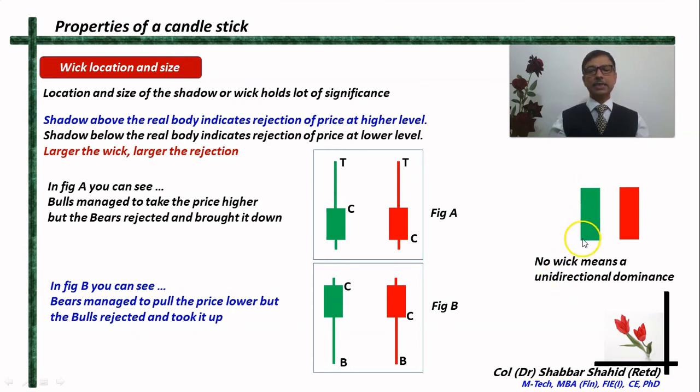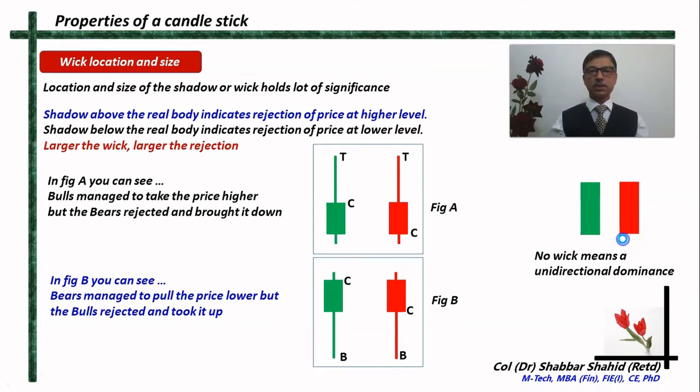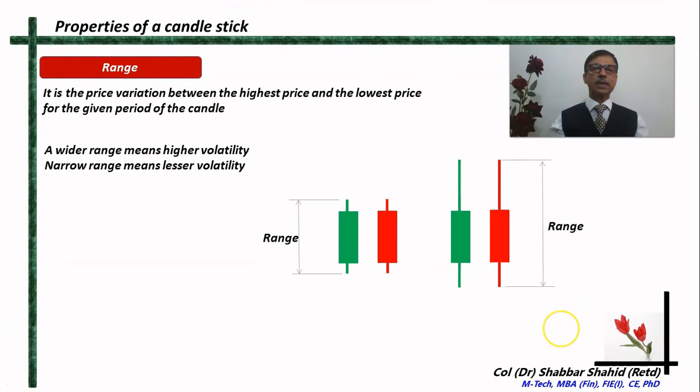In this case, the price opened here, the bulls took control, they dominated and continued to dominate till it closed here. No wick at all. In this case, the price opened here, the bears took control, and they kept on dominating till it closed here. Got the point?